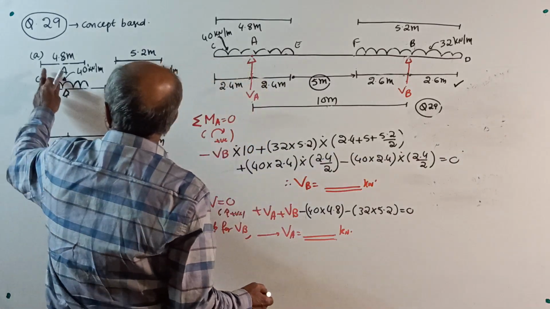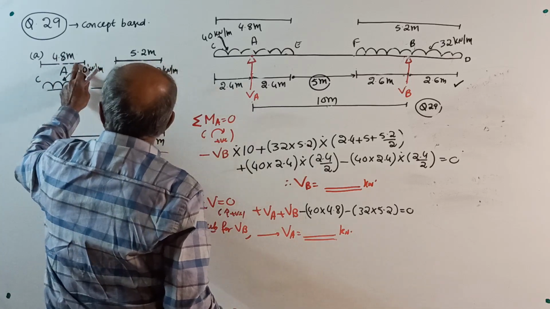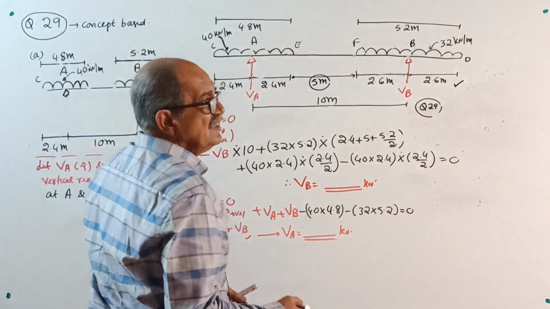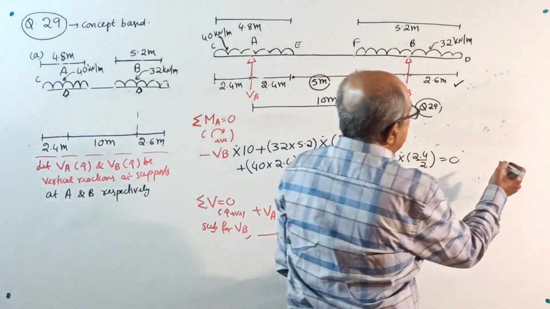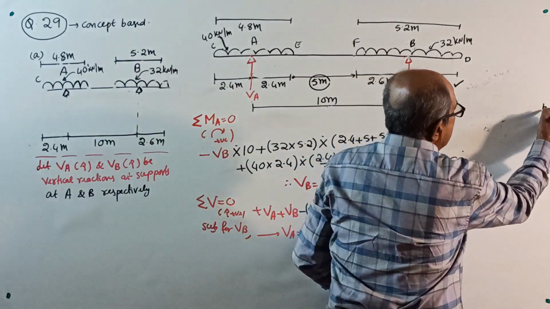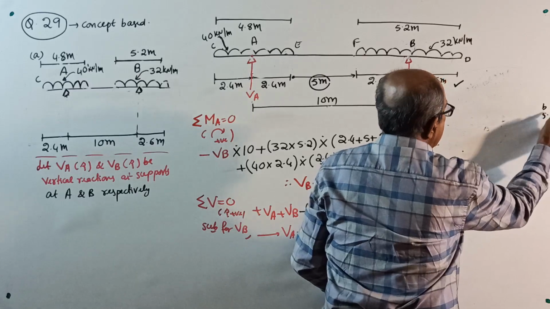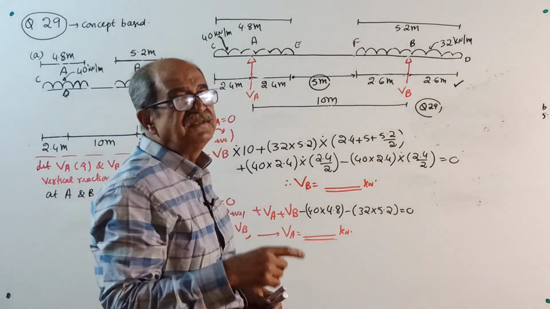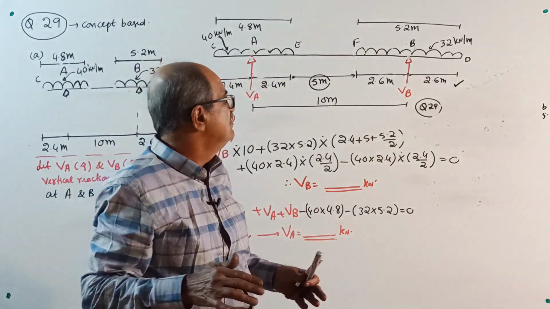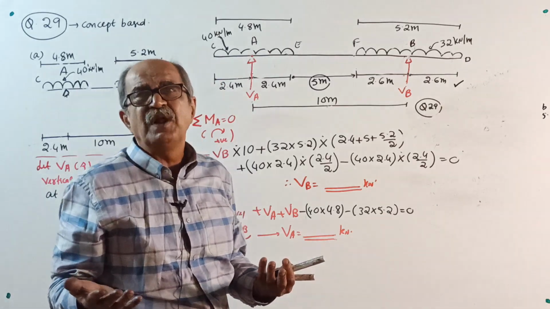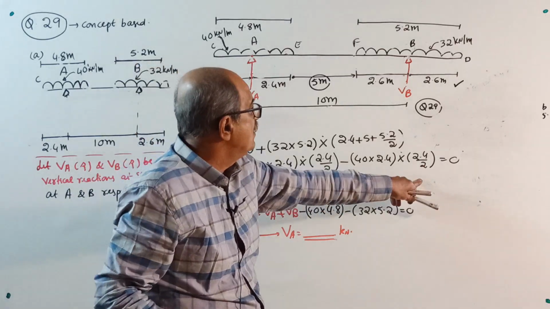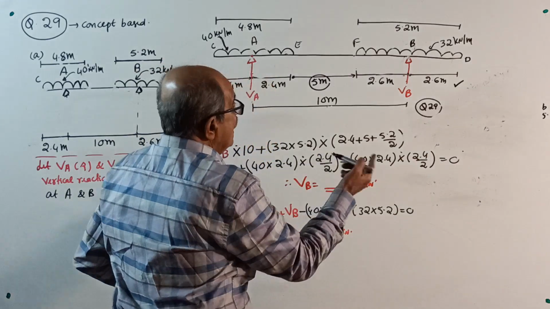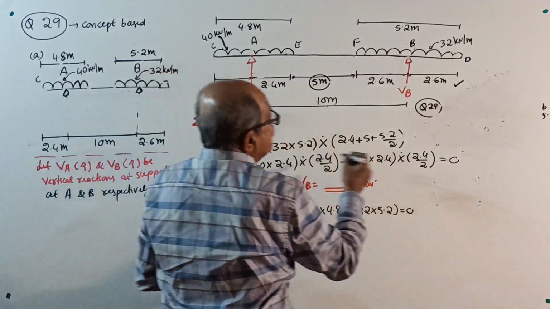I think I told 4.8 and 5.2. Question B, I will make 5.2 meter. Suppose I told something else earlier, change it. Now what to do? This is a usual problem. And this UDL length, you make it 6 meter.